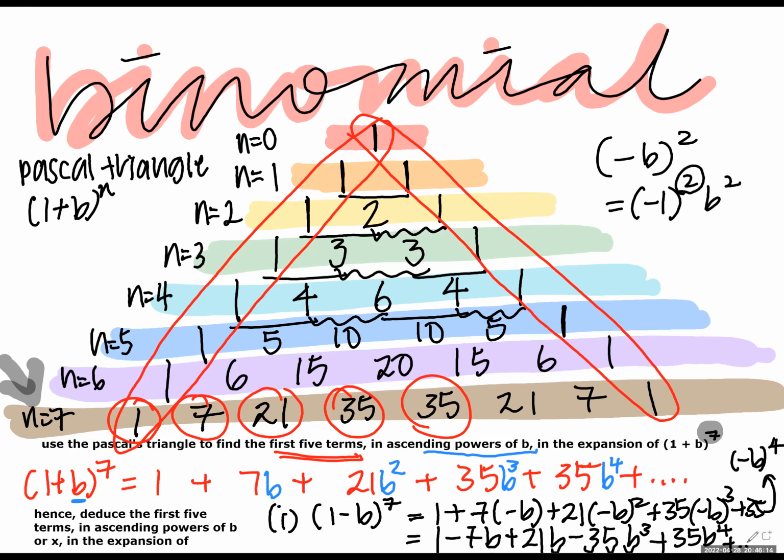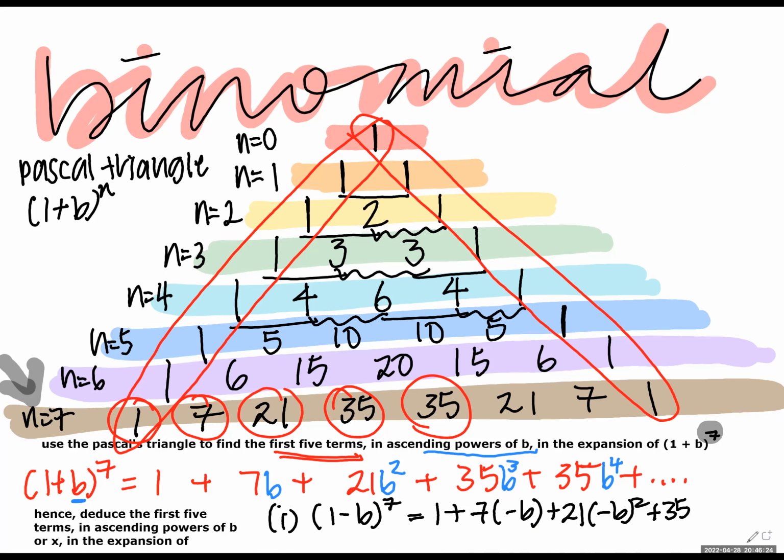Next, what your teacher can also test you is that instead of 1 minus b to the power of 7, it's right now 1 plus 2x to the power of 7. So what do we have to do now?